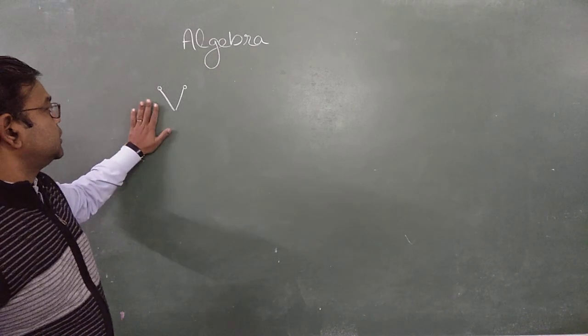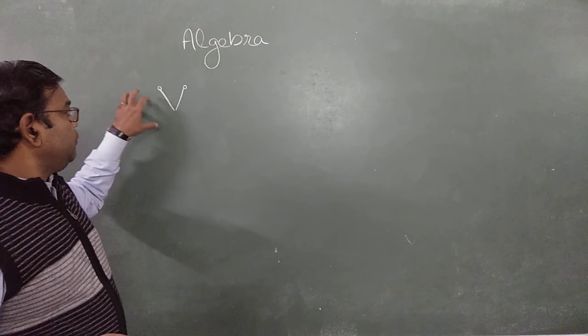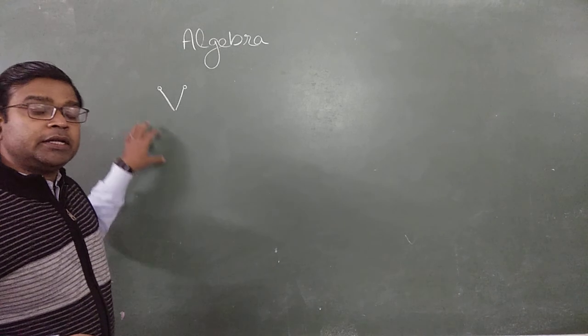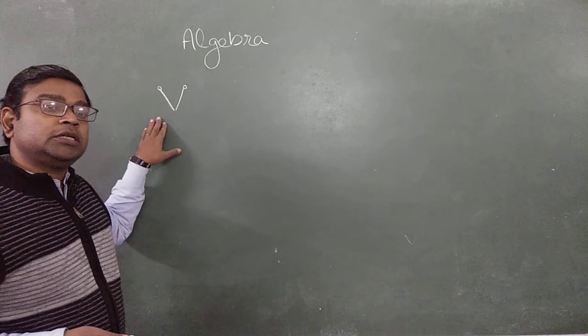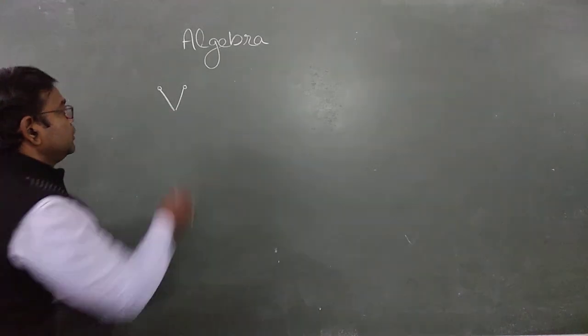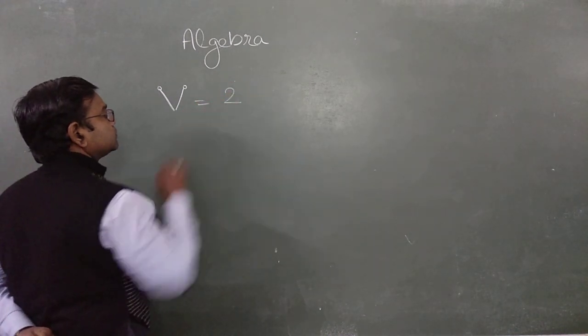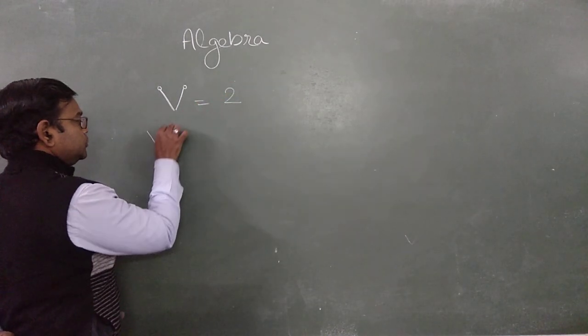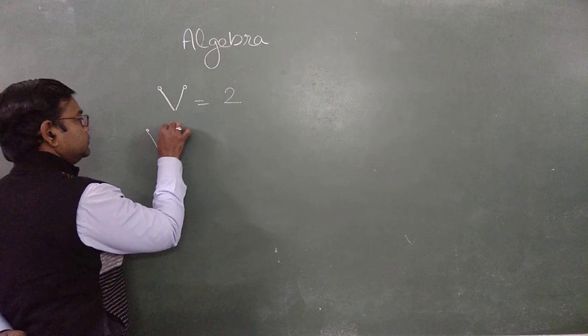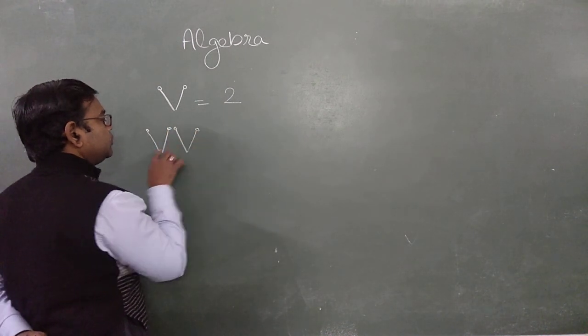As we know, this is the English letter V. We have to find the general term for the number of matchsticks used in this type of figure. Suppose it's 1 V, so how many matchsticks are there? There are 2 matchsticks.